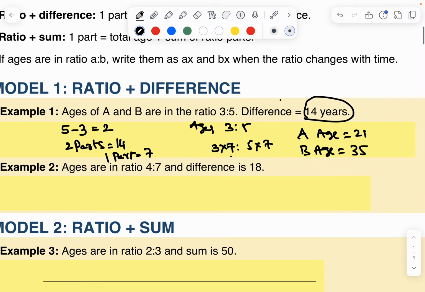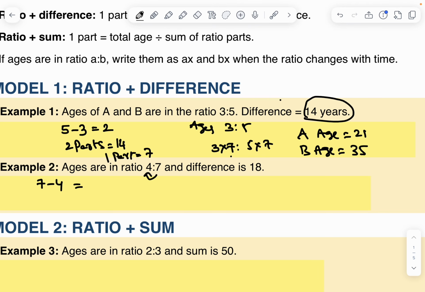Next question. Ages are in the ratio 4:7, and the difference is 18. Same approach: 7 minus 4 is equal to 3. Therefore, 3 parts is equal to the given 18.